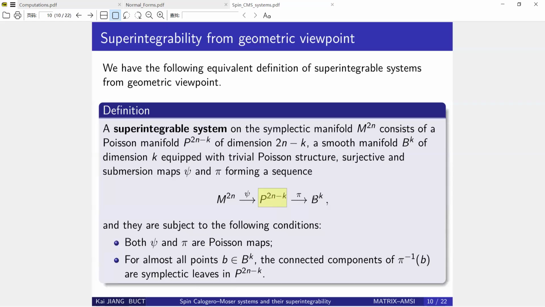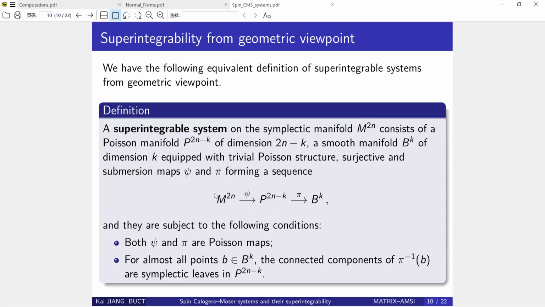Here the other one is also a Poisson manifold, but with a trivial Poisson structure, because each pair of functions on it commute. We just require that psi and pi are Poisson maps and surjective submersions.